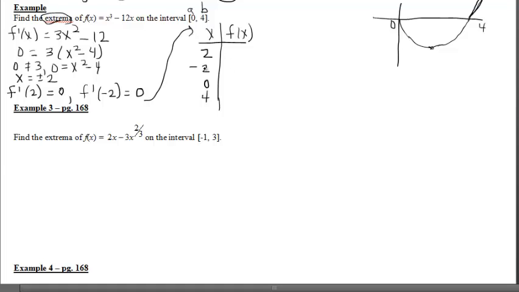All right, you might have noticed also right here, this critical number of negative 2, I'm going to save myself some time. Notice that negative 2 doesn't fall in my closed interval, so I'm not even going to evaluate the function there. If you notice that negative 2 fell outside of your interval up here, then don't even include it here.